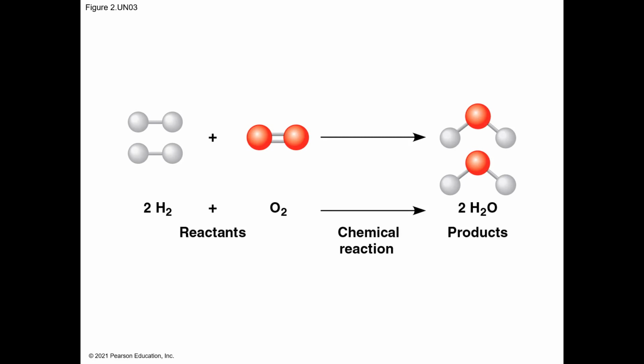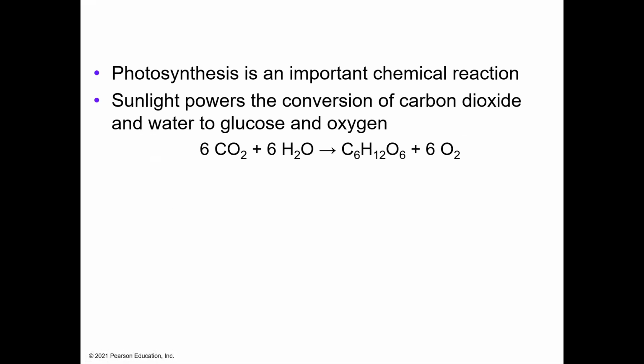So two hydrogen molecules and an oxygen molecule need to react together to create water. Now, there are a lot of complicated chemical reactions that occur in the body. For example, photosynthesis is one of the most important chemical reactions, and you can see the equation here.